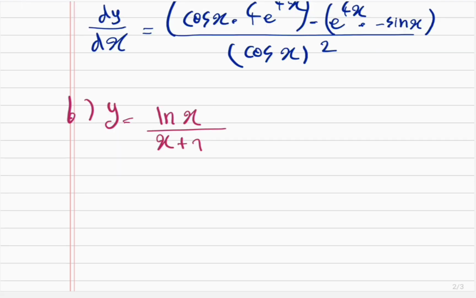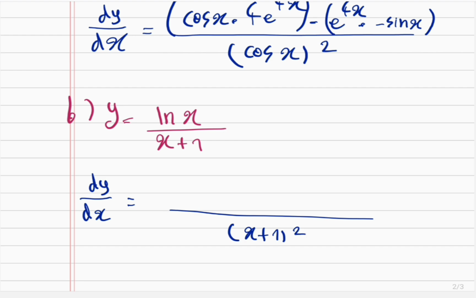Okay, part B. We have y is equal to ln x divided by x plus 1. So dy/dx is equal to the denominator squared, simply (x plus 1) squared, then the denominator function, which is x plus 1, times the derivative of the numerator function. So remember that ln x always differentiates to 1 over x.